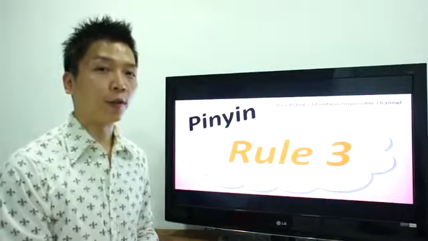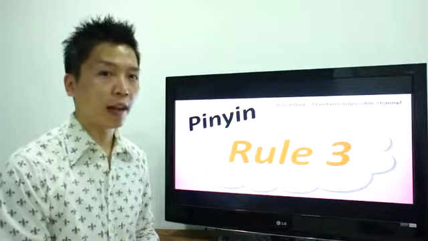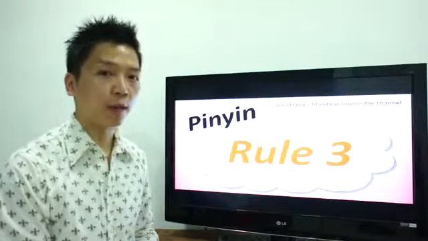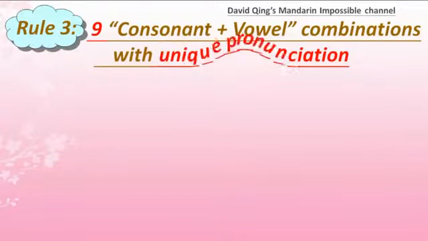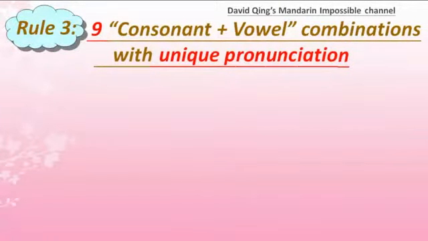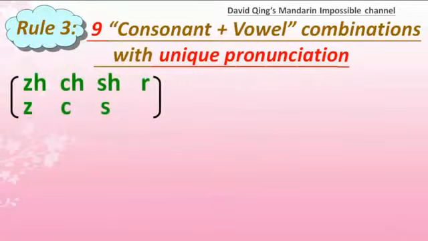Rule 3 gives you some consonant plus vowel combinations that have unique pronunciation. There are 9 consonant plus vowel combinations with unique pronunciation. There are 7 consonants on the screen. They are zh, ch, sh, r, z, c, s.